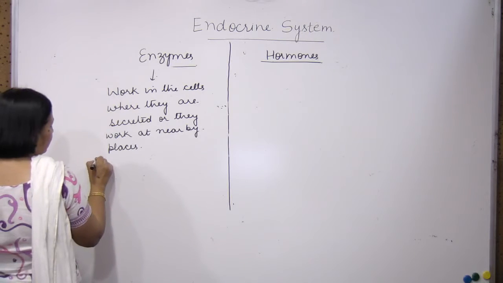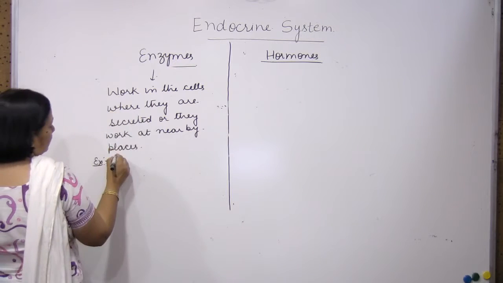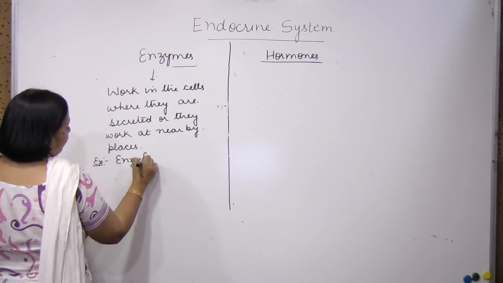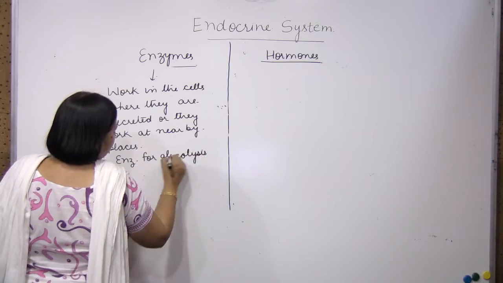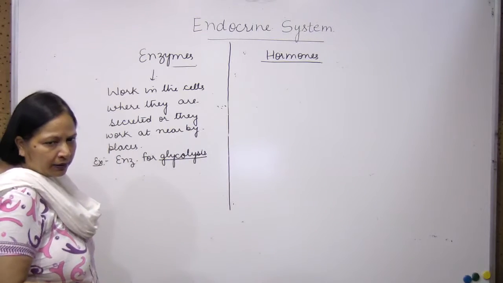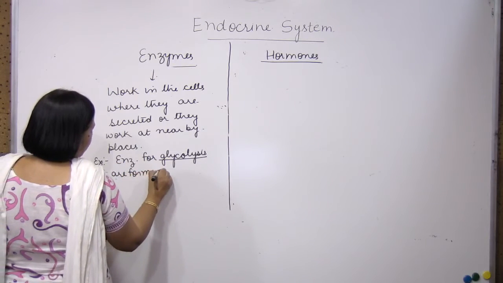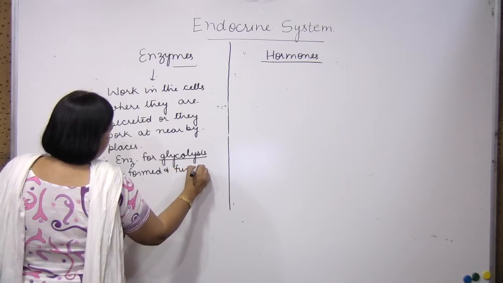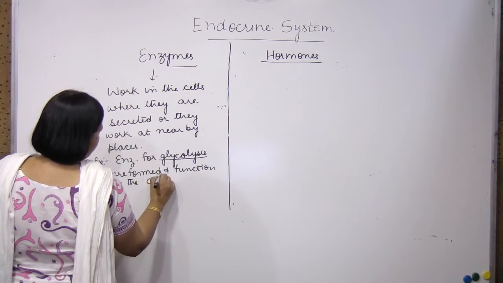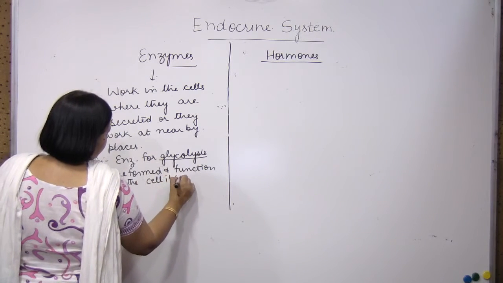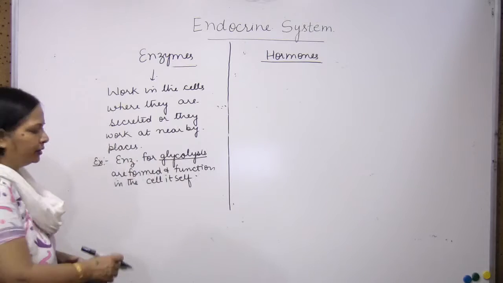For example, enzymes for glycolysis. You must have studied glycolysis in class 10. In respiration, each cell respires. Enzymes for glycolysis are formed and function in the cell itself, any cell. Where the enzymes are secreted, there they function.